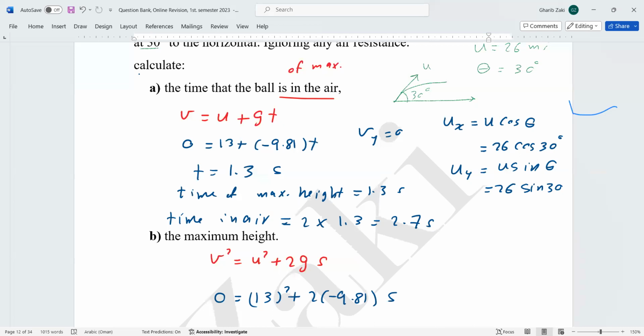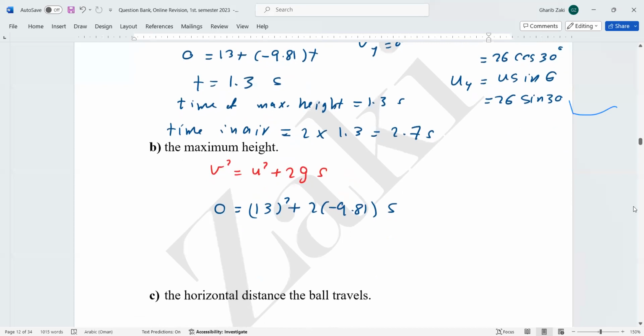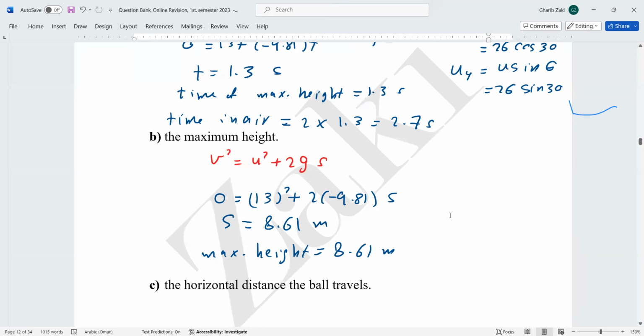The answer is 8.6. So s equals 8.61 meters, the maximum height.